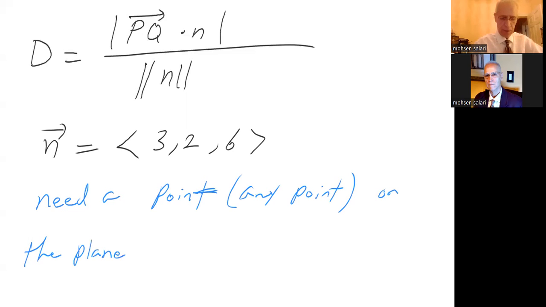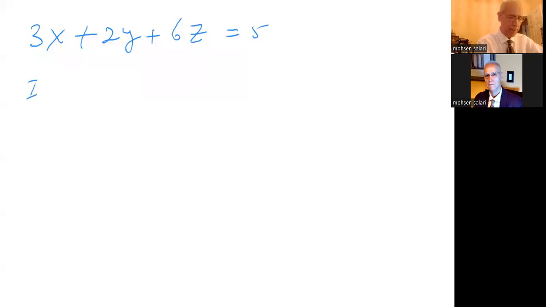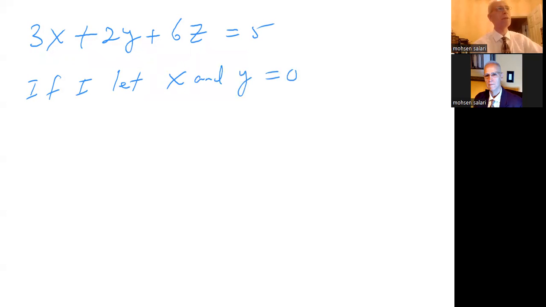Okay, let me go to the next page. The equation of the plane is 3x + 2y + 6z = 5. If I let both x and y equal 0, then I get 6z = 5 and z = 5/6.